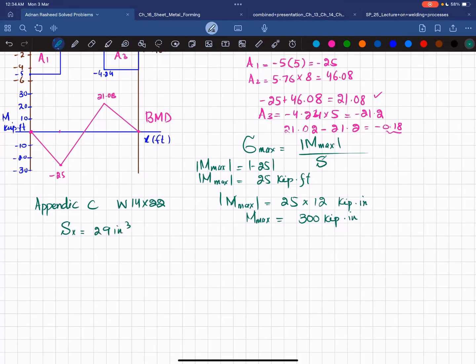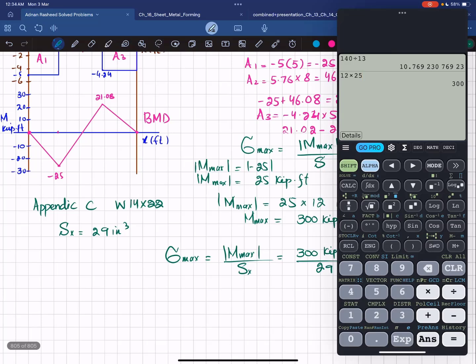Now you have all the values, so we can put it. Maximum bending stress is equal to absolute value of maximum bending moment divided by section modulus, which is Sx. So you can write 300 kip into inch divided by 29. So 300 divided by 29 will give you 10.34.